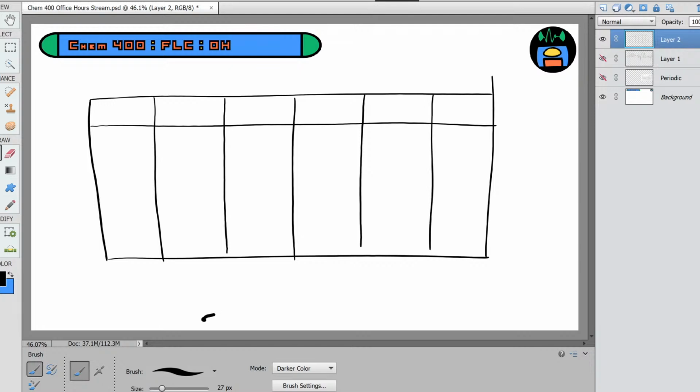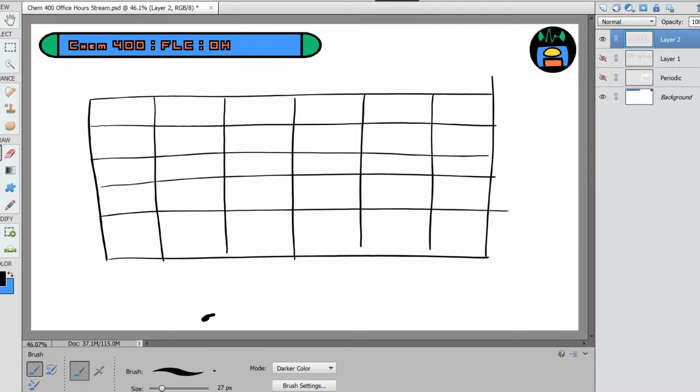I'm going to have metal 1, anion 1. I'm gonna call this metal 2, anion 2. I'm gonna call this metal 3, anion 3, and I'm gonna call this metal 4, anion 4.